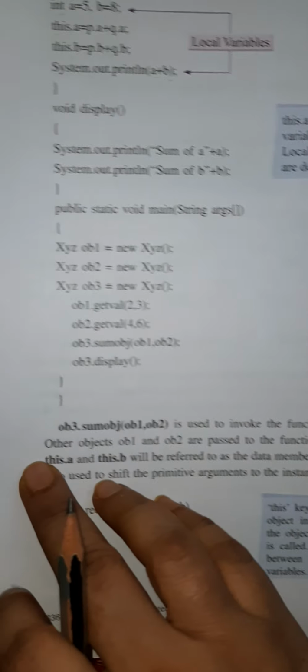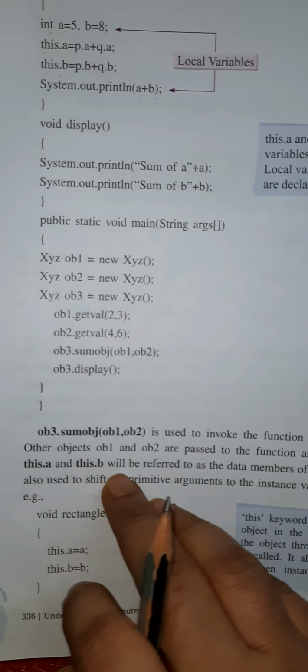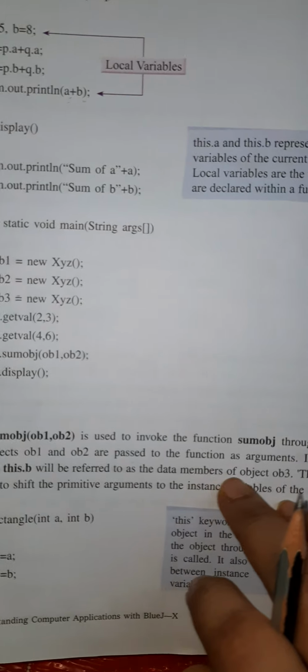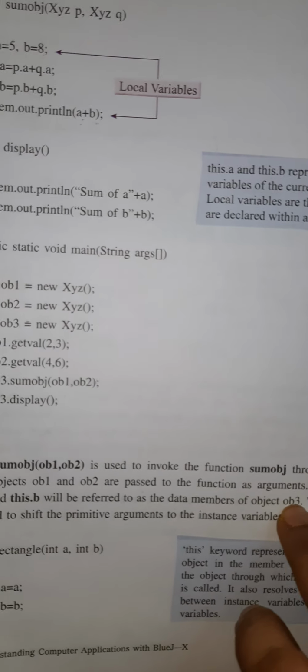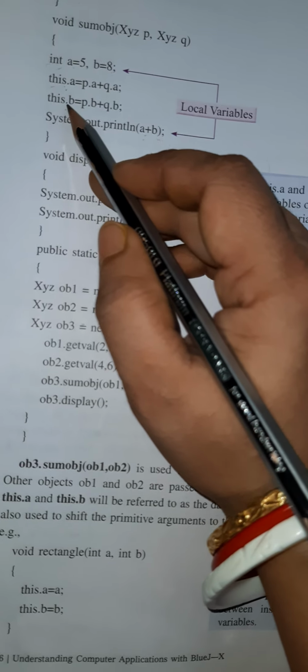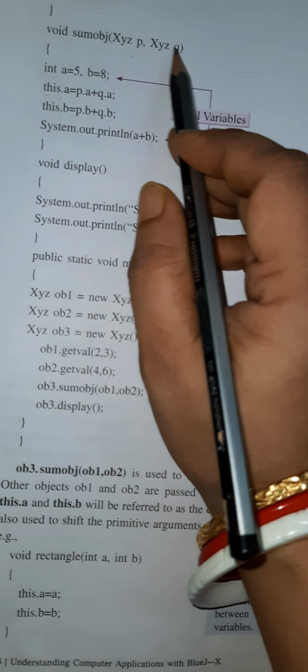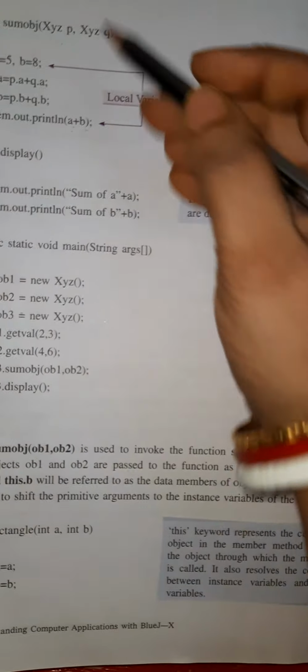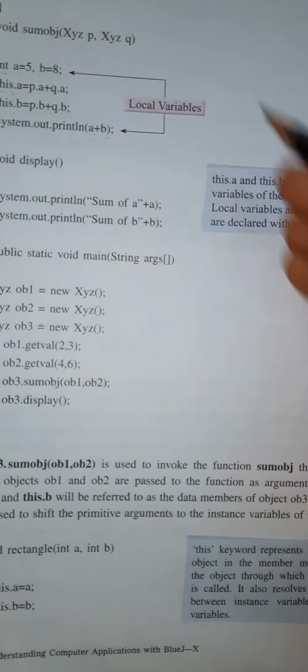In the function, this a and this b will be referred to as the data members of the object ob3, where p and q are the two objects passed through it.